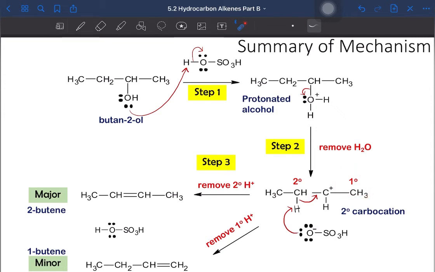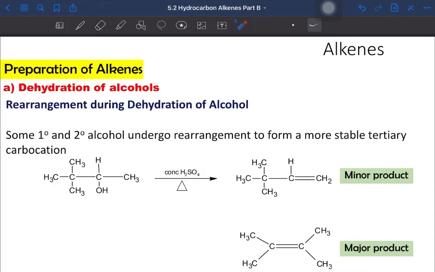Now there is one extra step for the mechanism of dehydration of alcohol, where we undergo some rearrangement or shifting during the dehydration of alcohol. Some of the primary and the secondary alcohols will undergo the rearrangement to form a more stable tertiary carbocation, to form a major product.